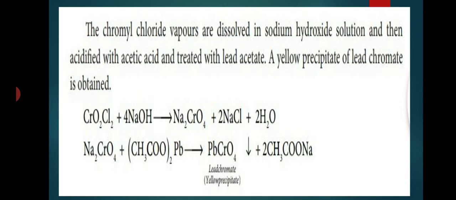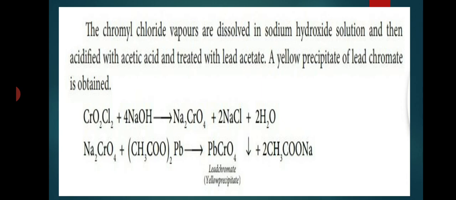A yellow precipitate of lead chromate is formed. So when the vapors are passed into sodium hydroxide and acidified with acetic acid and then treated with lead acetate, you get a yellow precipitate of lead chromate.